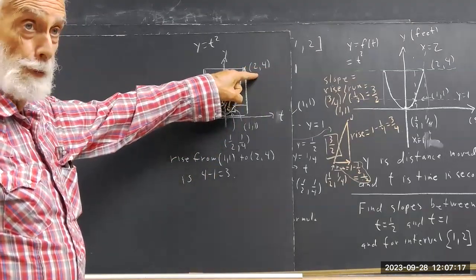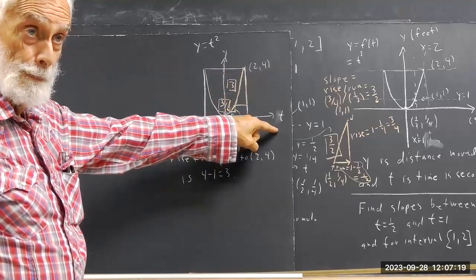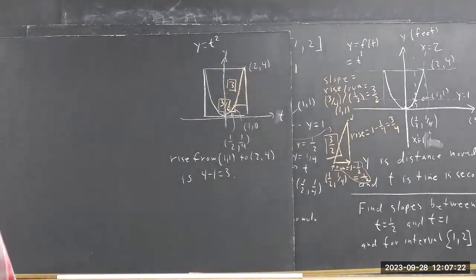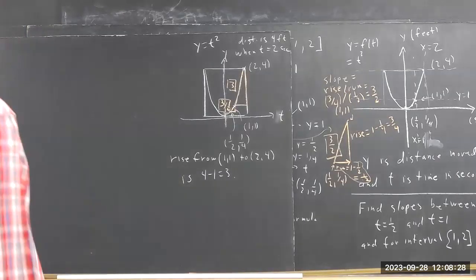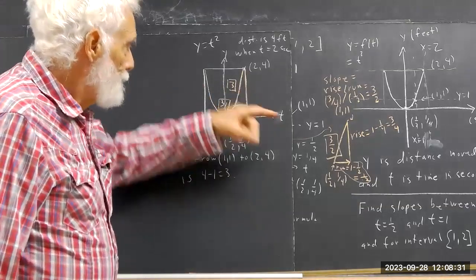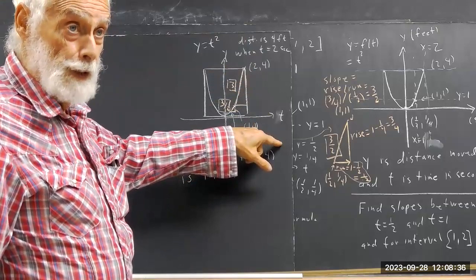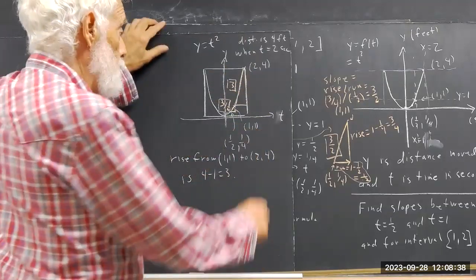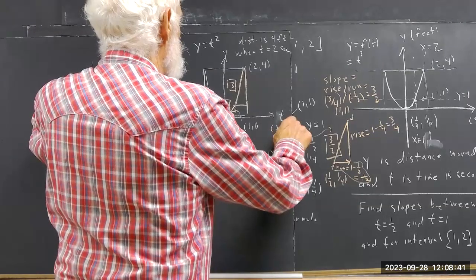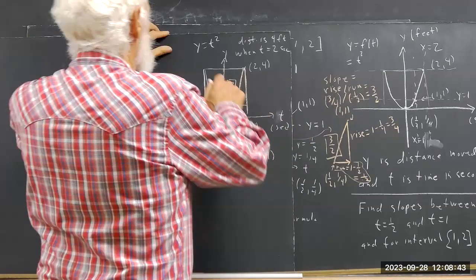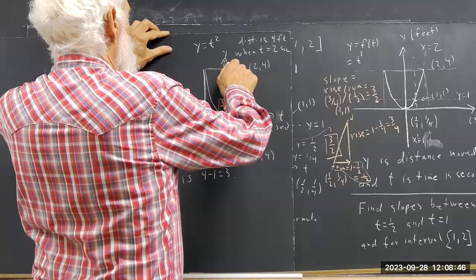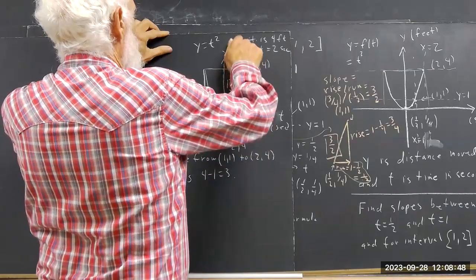First, what does the 2 represent? 2 is the t coordinate, right? And t is in seconds, and y is in feet.